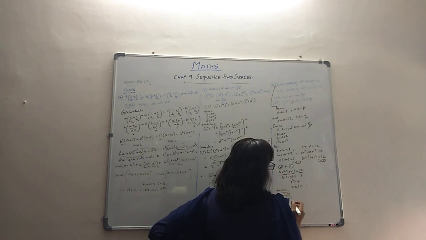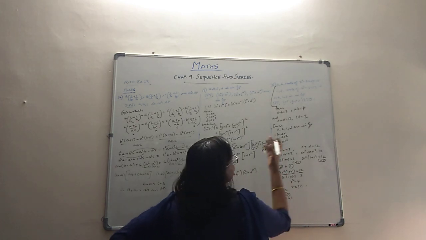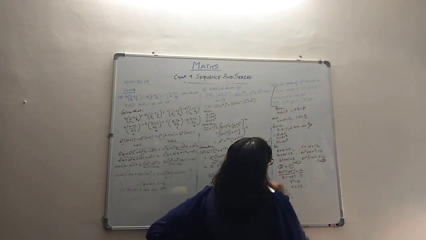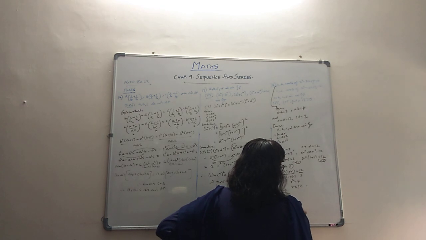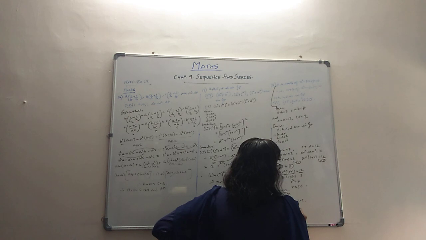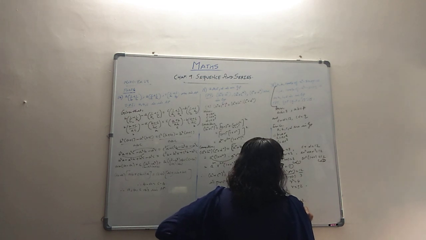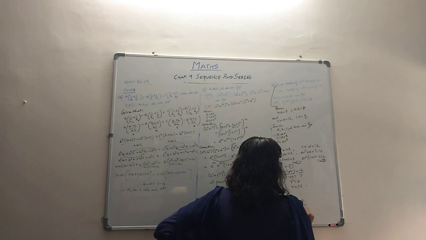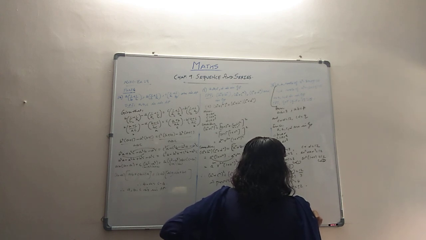So A is 1. B is AR, so that is 1 into 2, which is 2. C is AR squared, so it is 1 into 2 squared, 4, and D is AR cubed, which means it is 1 into 2 cubed, which is 8.